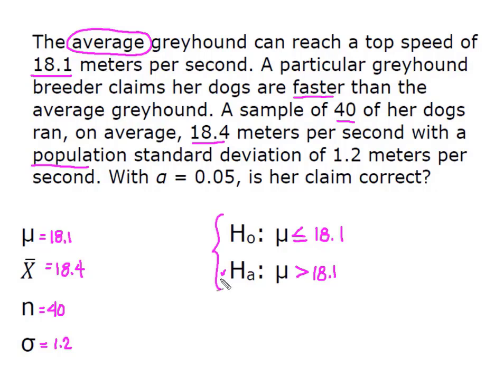Remember, the way I find the direction and the tails is going to HA to find my information, and it says greater than, so that's that arrow pointing to the right tail of the curve, and we have a one-tailed test.